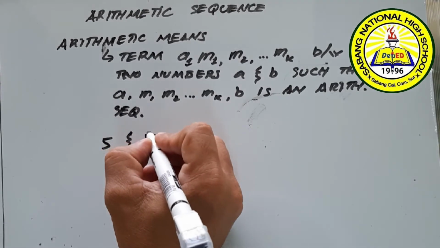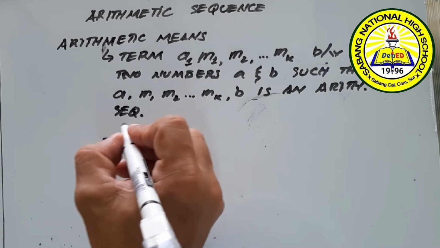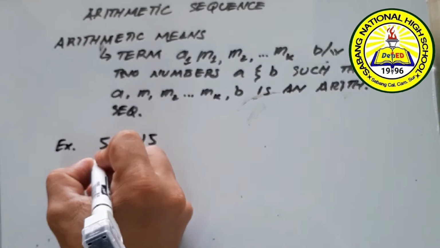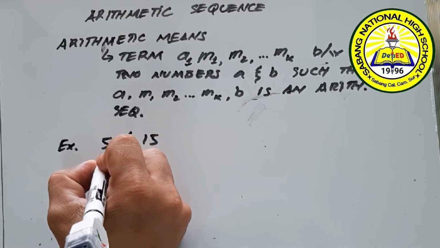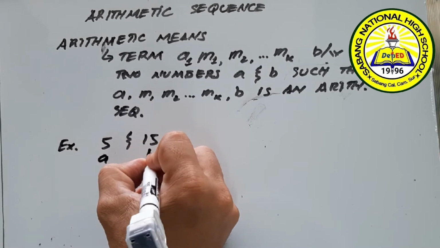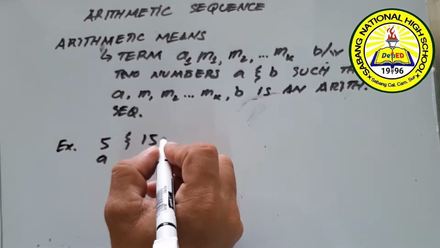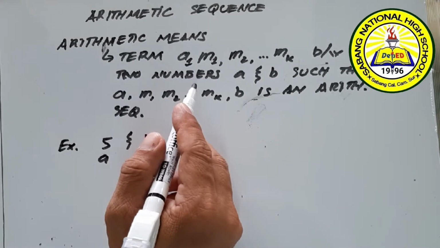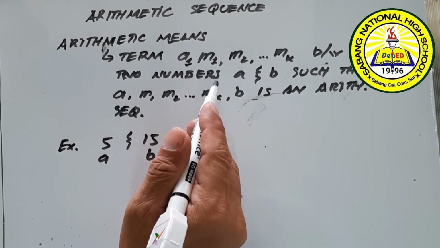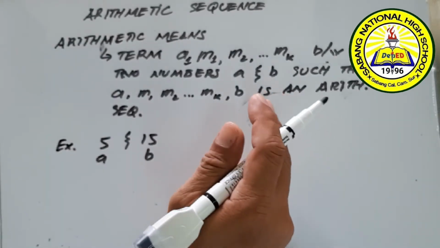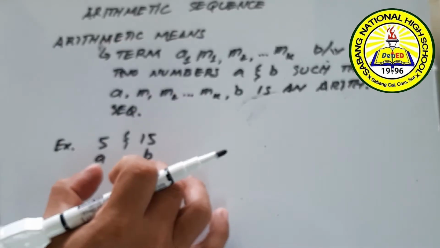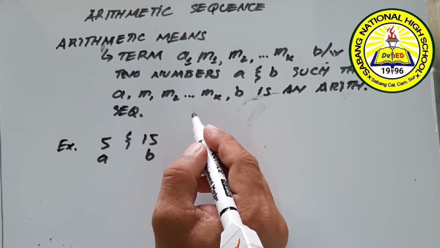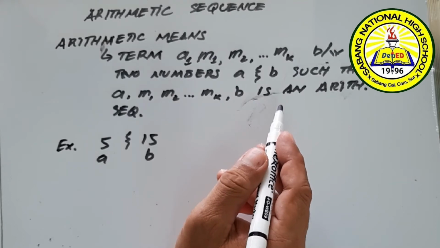Let us make everything easy first. 5 and 15 are the numbers A and B. So according to the definition, arithmetic means are the terms M sub 1, M sub 2, until M sub K between two numbers A and B, such that A sub 1, M sub 1, M sub 2, until M sub K, B is an arithmetic sequence.